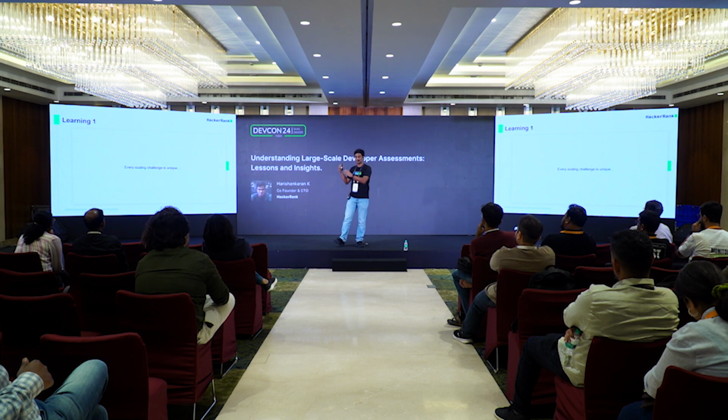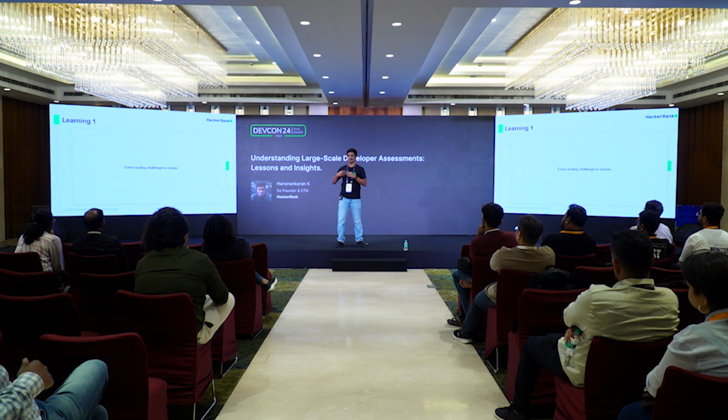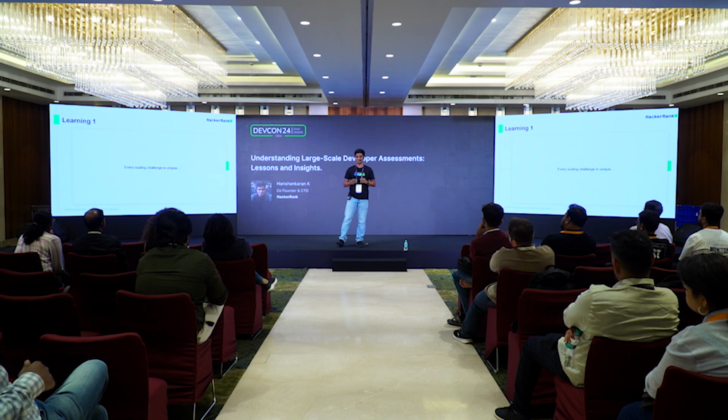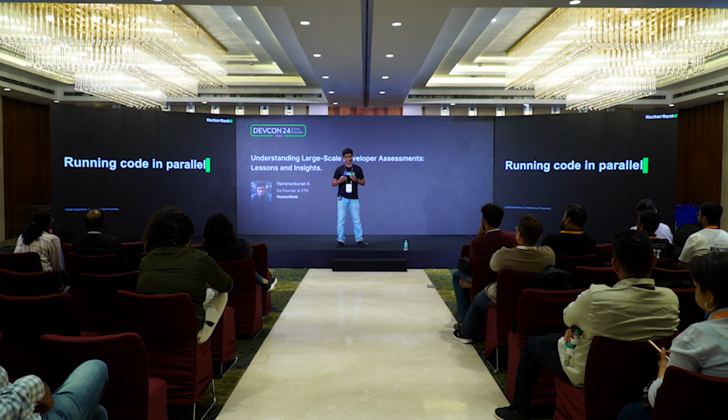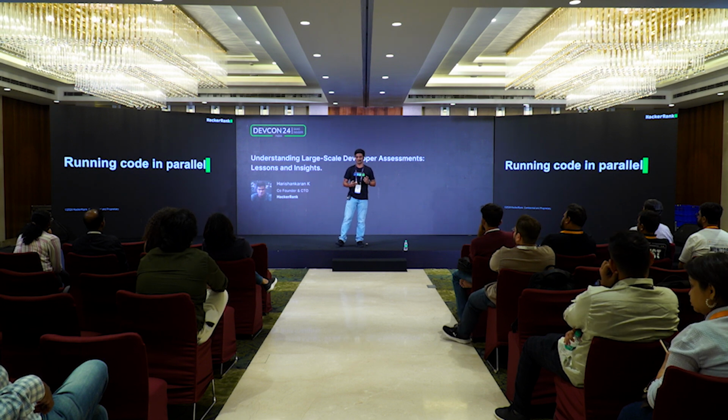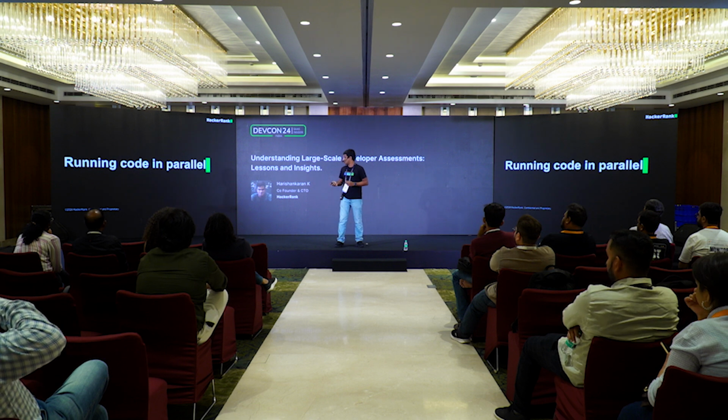For a platform where we have to run the code submitted by our users, apart from the security and other challenges we have, scale is very unique; it was the first time I had to deal with this. I'm going to tell you how we solved this, which is running their code in parallel, which now, looking back, sounds so obvious, but probably wasn't when we were just building this at the early stages.